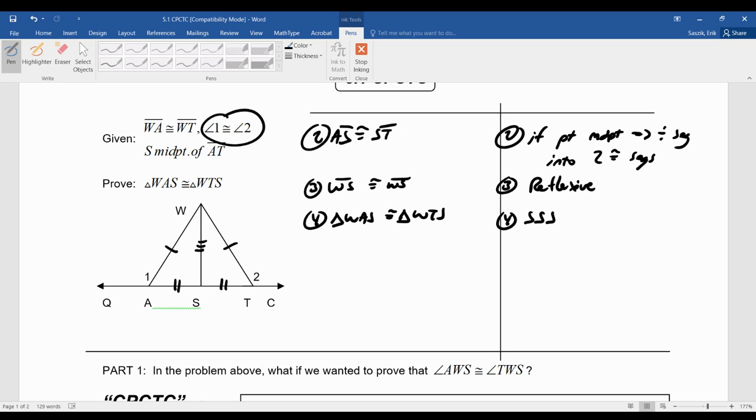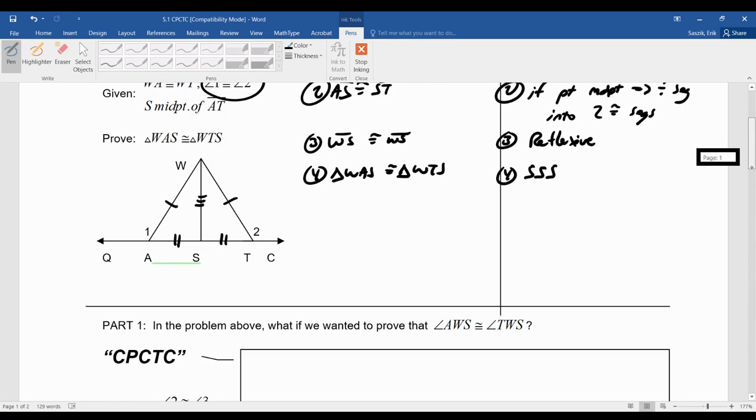But there are some rare cases where you may not use a given piece of information, but 98% of the time you're going to use all the given information. And something to think about, if you get stuck on a proof, one thing to take into mind is to go back to the given and make sure that you have used everything that you were told. Sometimes you've neglected to use something, and that could be the key piece of information.